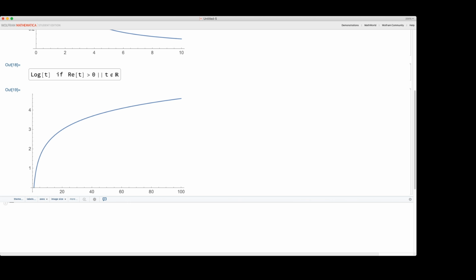Now, the logarithm function, does this curve look like it's approaching any specific real number? It looks like it might be, but of course the graphs can be deceiving. So what we're essentially asking is, what is the limit as t goes to infinity of log t? Is that a specific number or not? Turns out it's not.